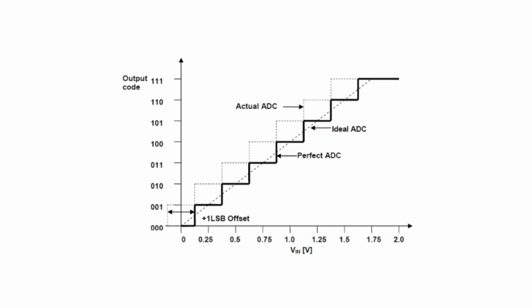In this figure, the actual ADC curve is the measured sensor voltage with DC offset, and the perfect curve is the ADC measured curve without offset. It is clear that the perfect curve is closer to the ideal curve than the actual curve.